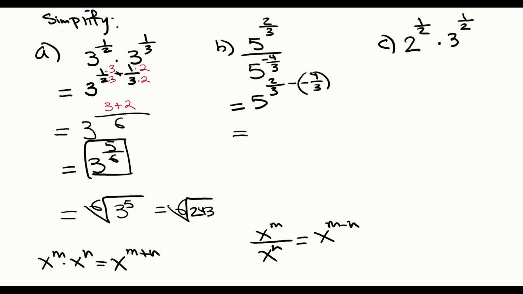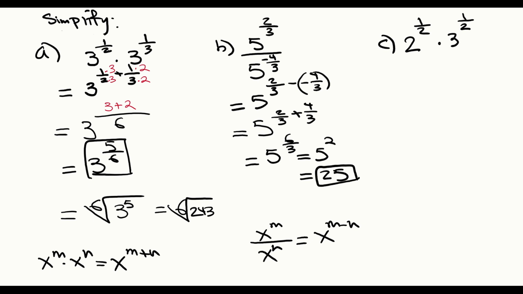And we end up with 5 to the power of 2/3, the two negatives will give us a positive, so plus 4/3. Notice that's going to become 5 to the power of, those are like fractions, we can just combine the numerators, so 6/3. Now of course that's 5 squared, also known as 25. So sometimes things simplify quite nicely.